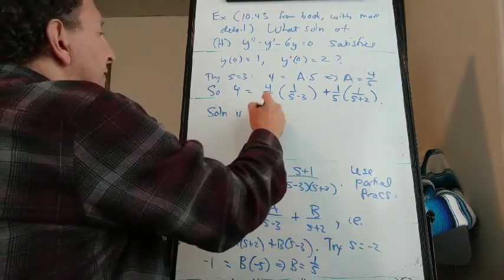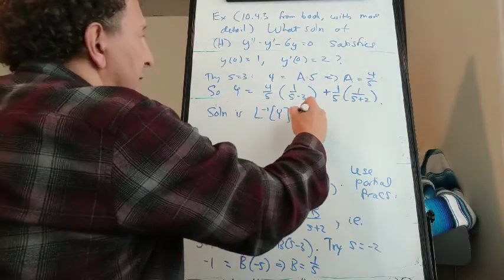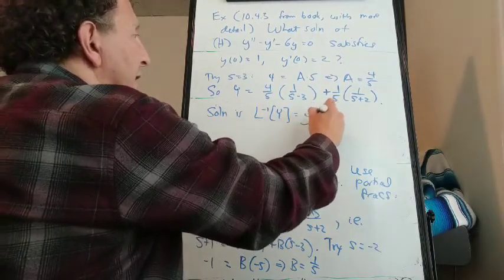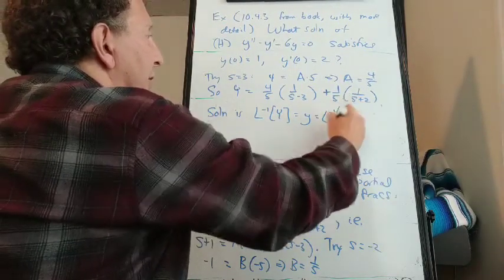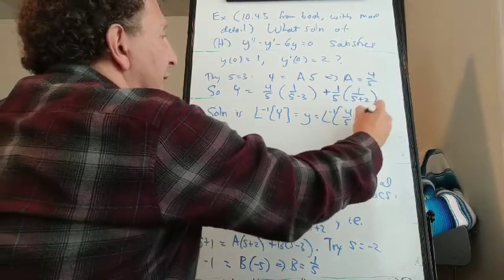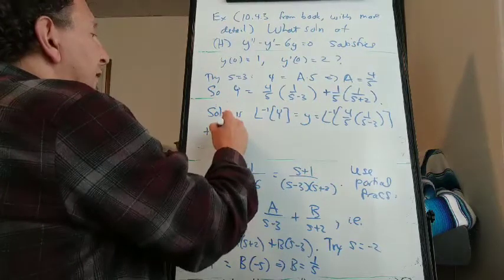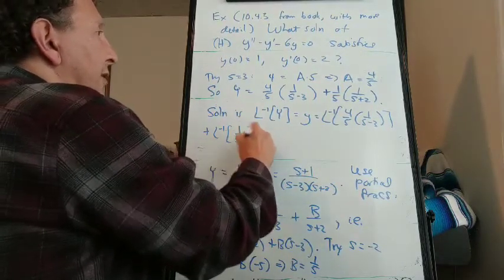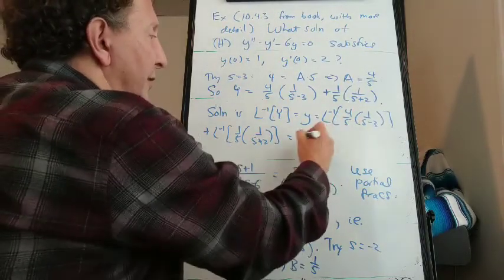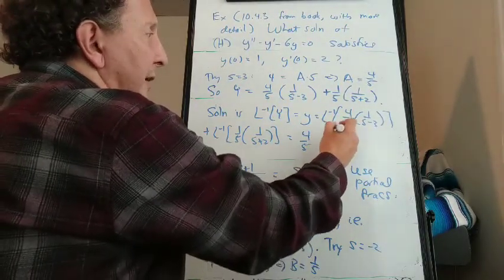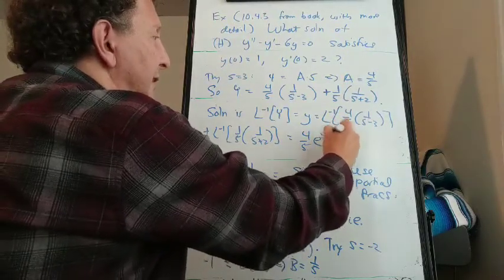Then the solution is the inverse Laplace transform of Y, which is y equals the inverse Laplace transform of 4/5 times 1 over s minus 3 plus the inverse Laplace transform of 1/5 times 1 over s plus 2. The 4/5 can come out, and then 1 over s minus 3 corresponds to e to the 3t.